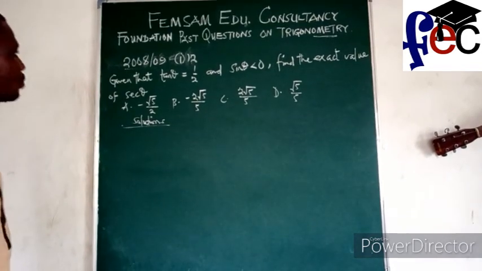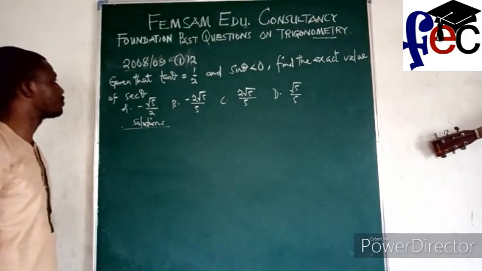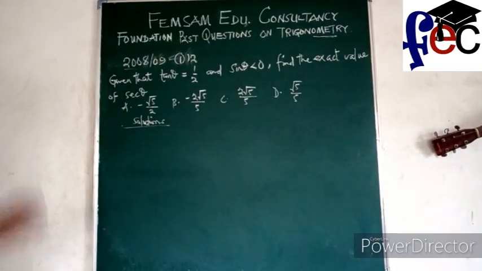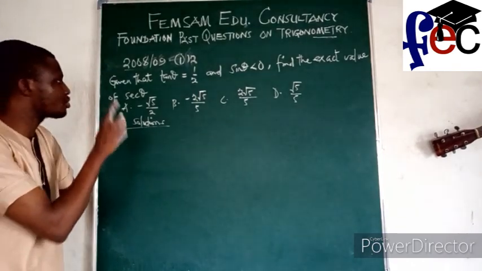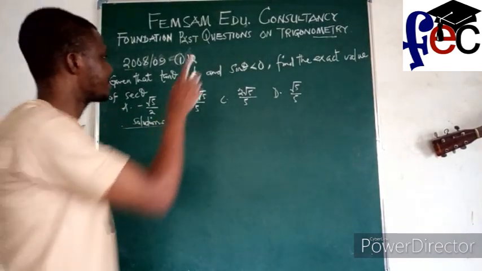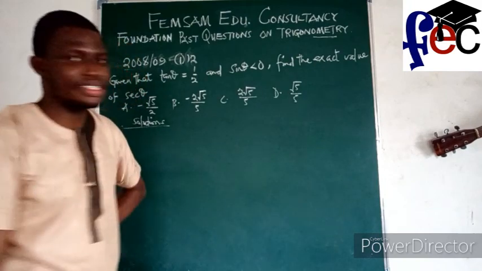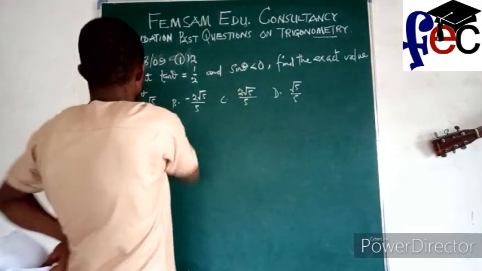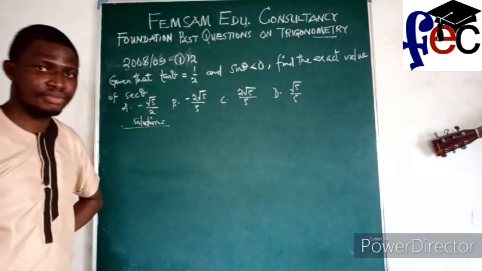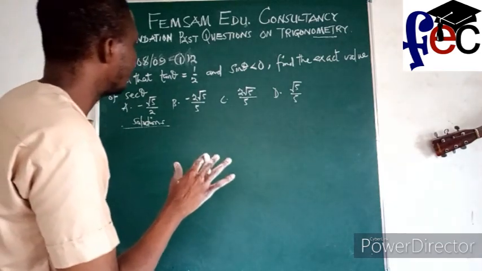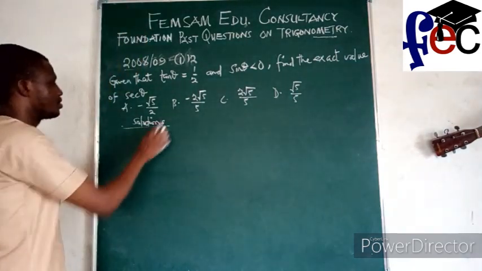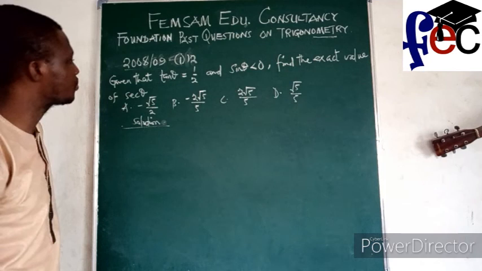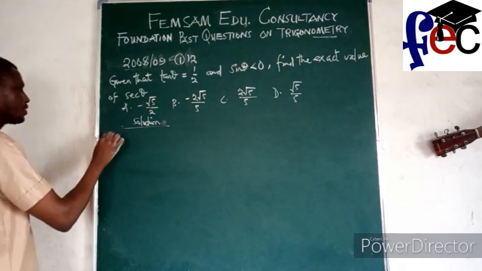So we have another question, question 12 of 2008-9. It says that given that tan theta equals 1 over 2 and sine theta is less than 0, find the exact value of sec theta. The solution to this problem is to state what we have been given.